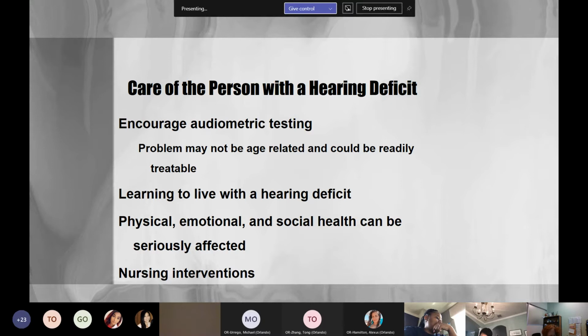So things can happen not only with the vision, but also with hearing. A person who can't hear, sometimes they can become very angry and frustrated, very impatient, confused, and they definitely have a limited ability to identify any type of danger, and that's one of the major issues with that.